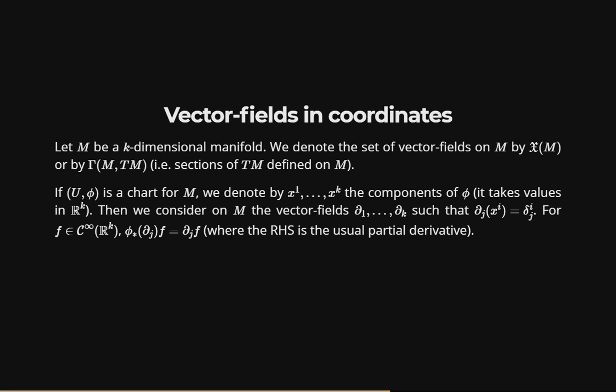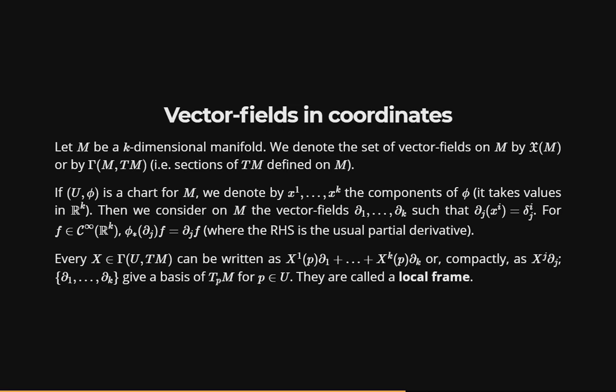So in some sense, these are the vector fields on your manifold that correspond via your coordinate chart to the partial derivatives on Rk. Now, on Rk, they are a global definition. On your manifold, they live only in your open set where you have your coordinate chart.